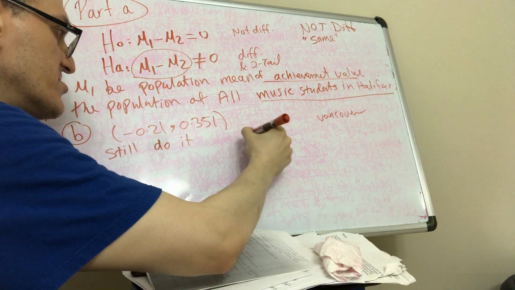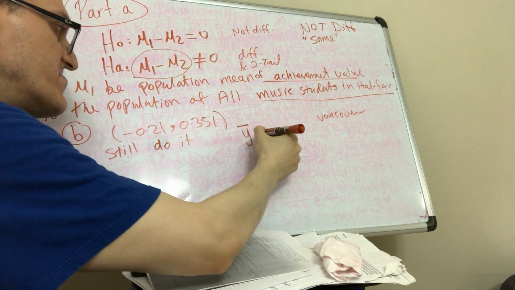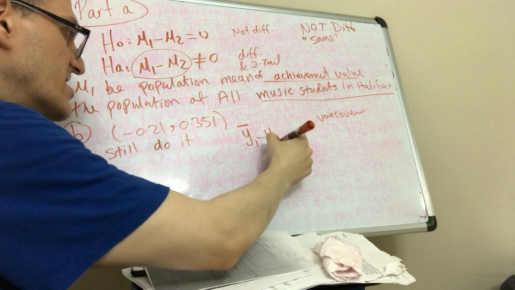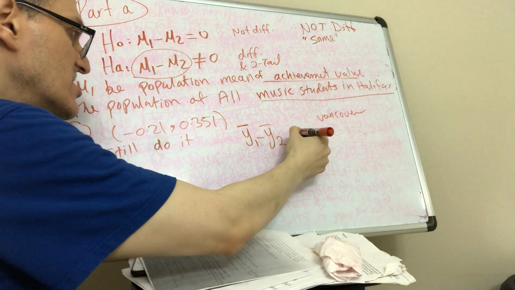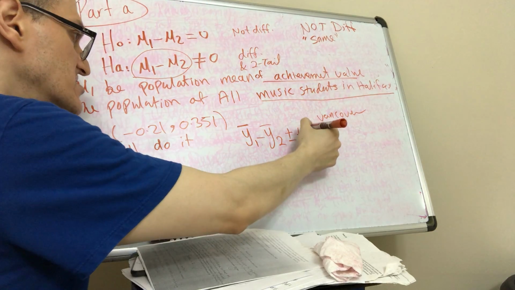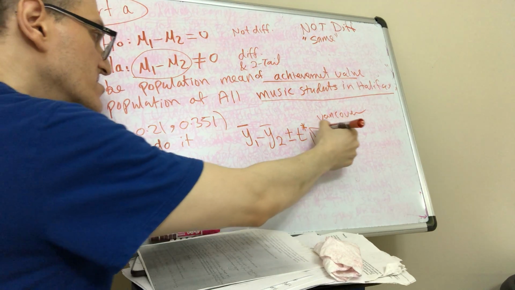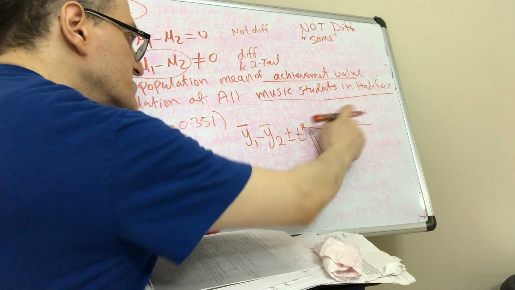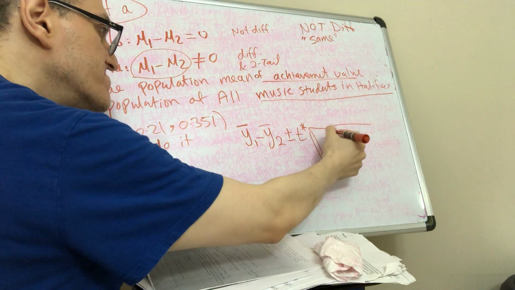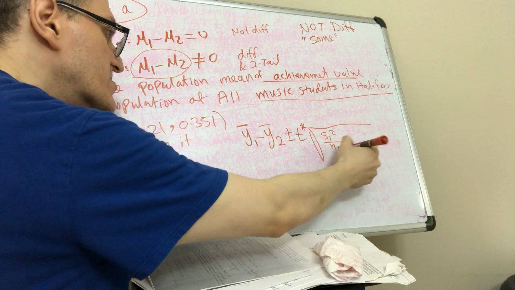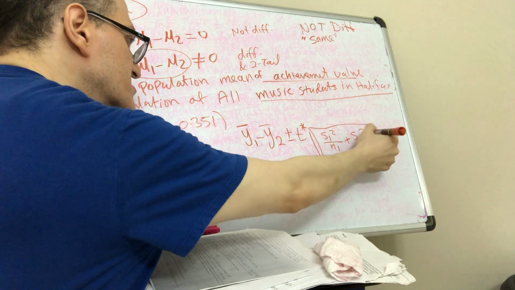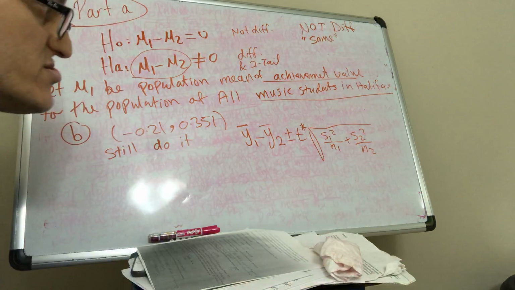For this chapter, it's average group 1 minus average group 2 plus or minus T star times the square root of standard deviation 1 squared over N1 plus standard deviation 2 squared over N2.